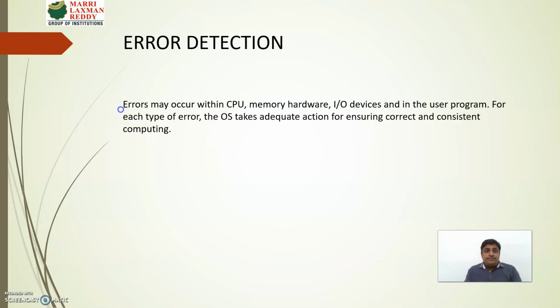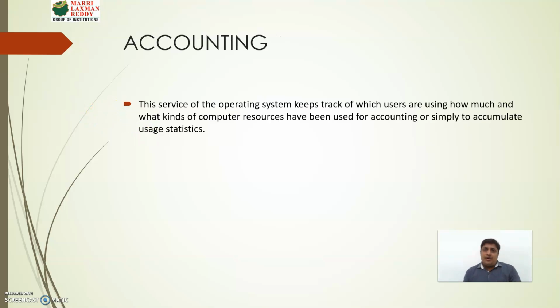So the next thing is accounting. Of course, every user will be opening particular contents. He can be transferring files, or doing some work related to text files, executable files or any files. The operating system should keep track of that particular user with regard to the usage of the resources provided by the operating system.